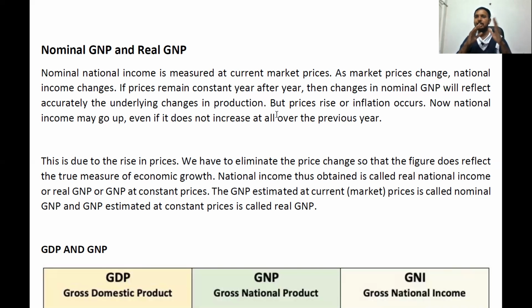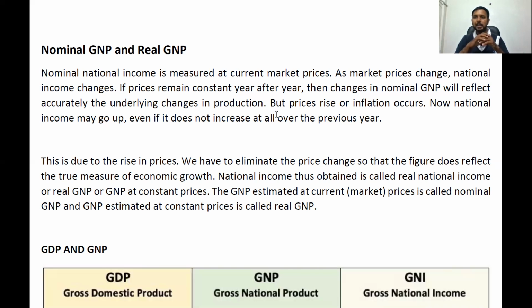If the price remains constant, guys, please listen carefully. If there is no change in the price, then and only then can we know about the increment in the production of products and services.